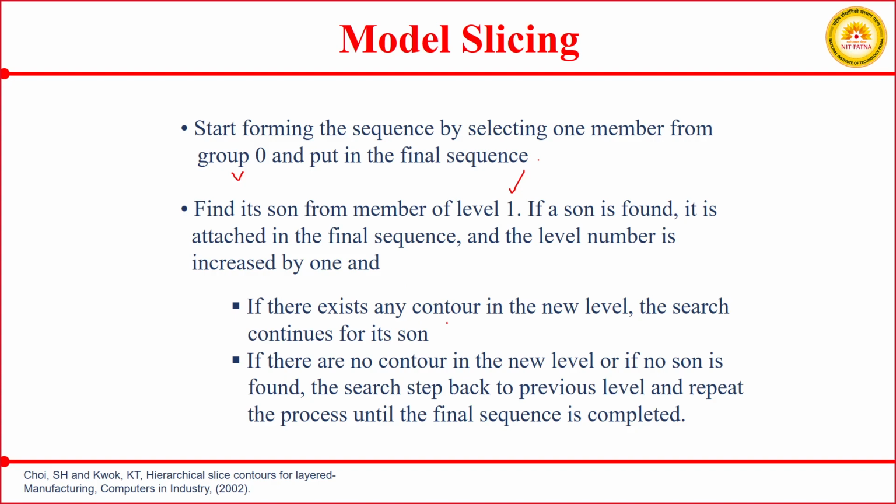If there exists any contour in the new level, the search continues for its son. If there are no contours in the new level, or if no son is found, the search steps back to the previous level and repeats the process until the final sequence is completed.